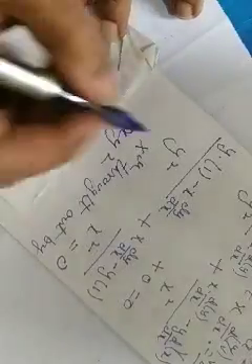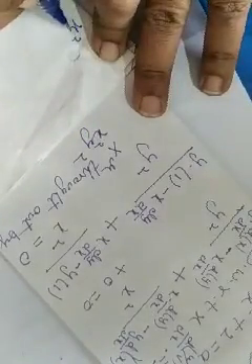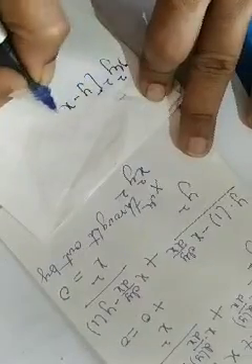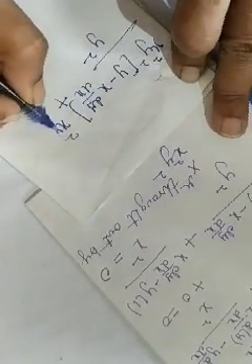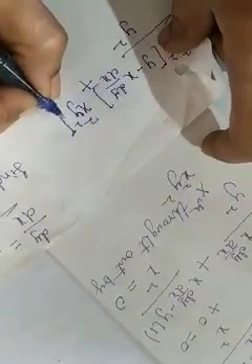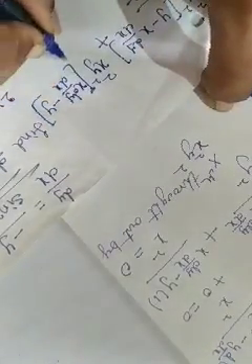If you multiply by xy square, y square gets cancelled, x square gets cancelled.